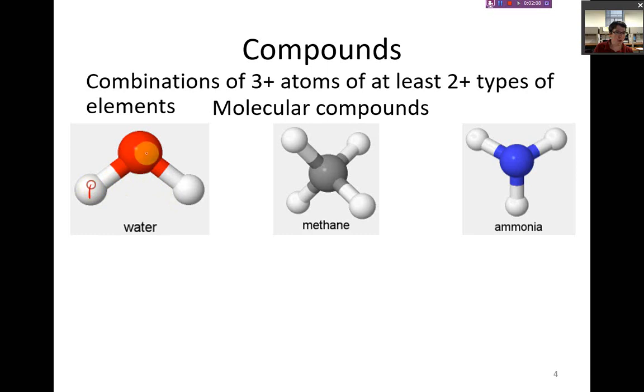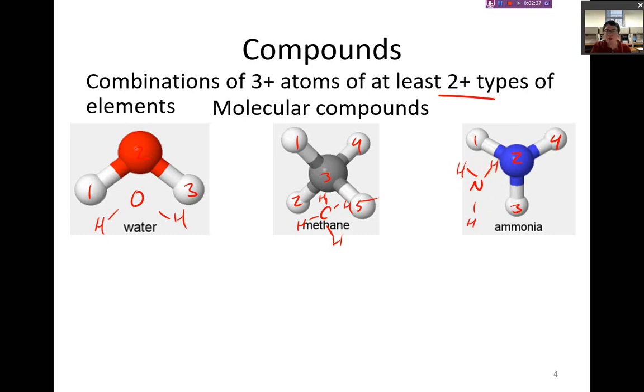Here we have 1, 2, 3 atoms. Here we have 1, 2, 3, 4, 5. 1, 2, 3, 4. So each has three or more atoms, and each also has at least two different types. So here we have oxygen and hydrogen. Here we have carbon and hydrogen. And here we have nitrogen and hydrogen.